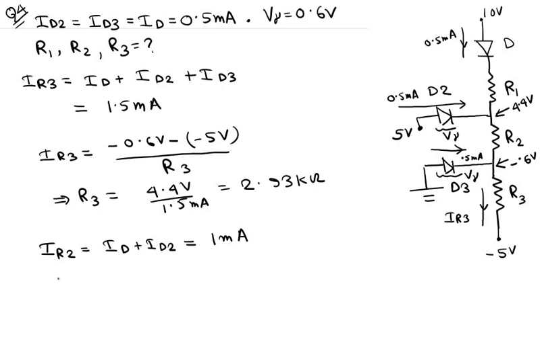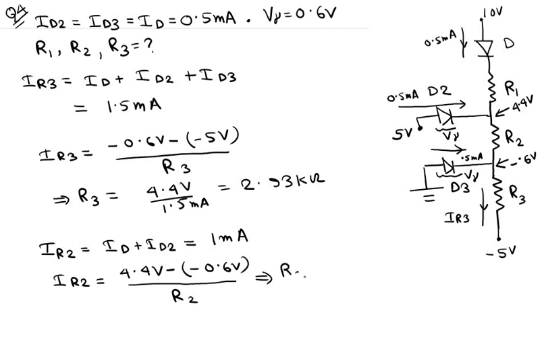So this IR2 is basically 4.4 volts minus of minus 0.6 volts divided by R2, and so this R2 must be equal to 5 volts divided by IR2, and IR2 is 1 milliampere. So 5 volts divided by 1 milliampere over here, which gives me 1 kilo ohm. Sorry, 5 kilo ohms actually. So 5 kilo ohms over here.